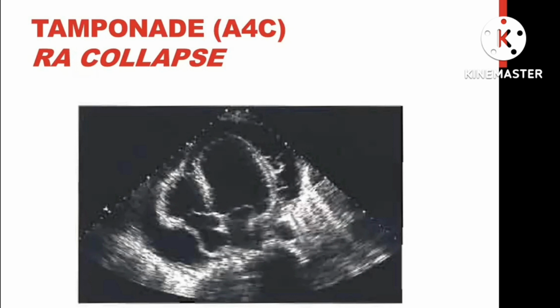Because you can't see it, you can't detect it. This is physiology, not that you can't find it. You can't see the RA collapse because you don't see the RA in systole, the RA in diastole at that time. Okay. What is easily visible is RV collapse. And the significant effect is on the RV collapse.